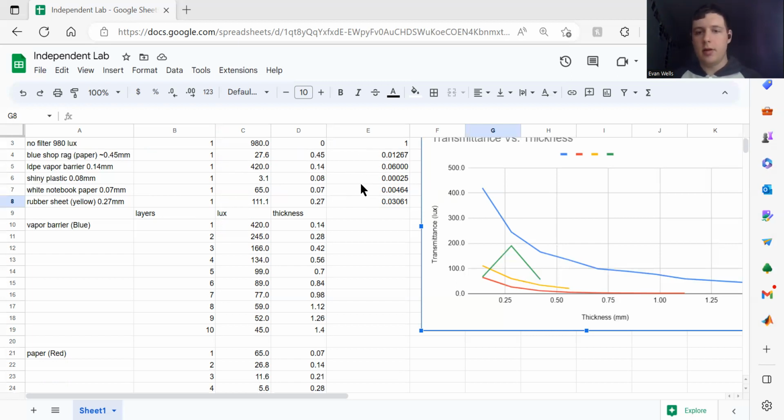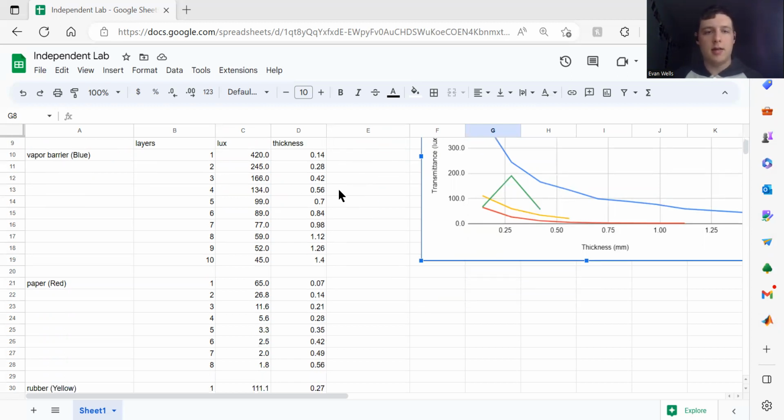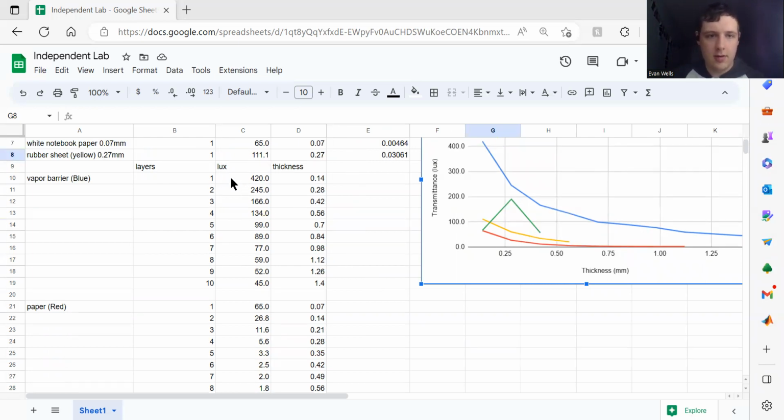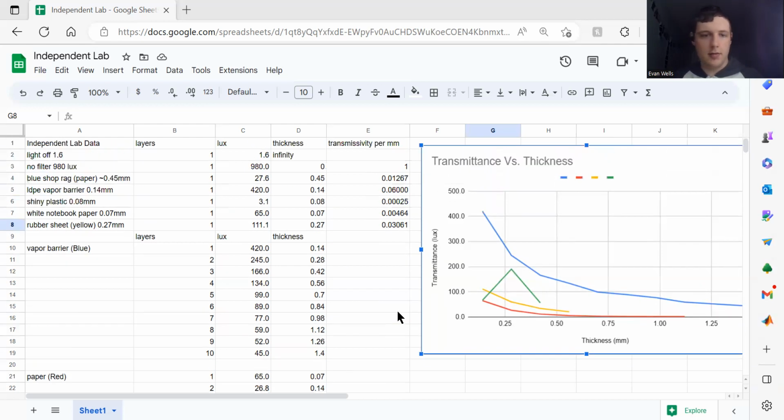Now, as I mentioned earlier, I do have some data for samples where I could take a test through multiple layers. So I have that down here. I've got it scaled to the thickness of the material in total.